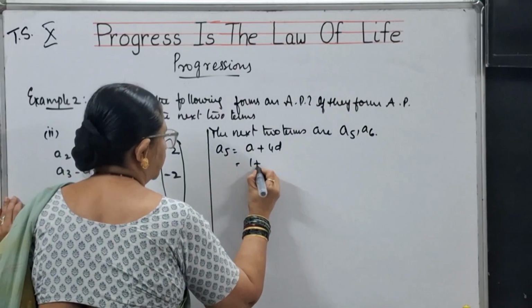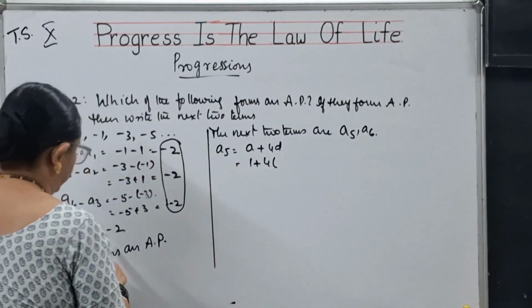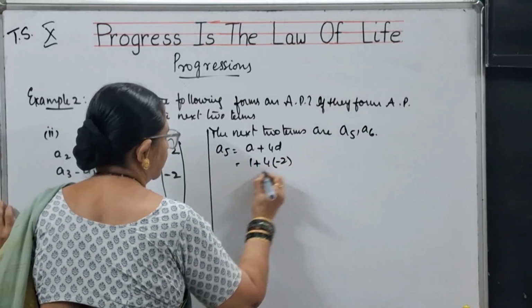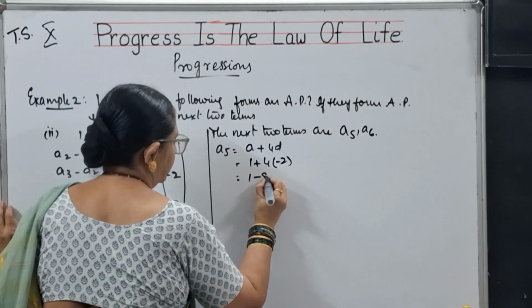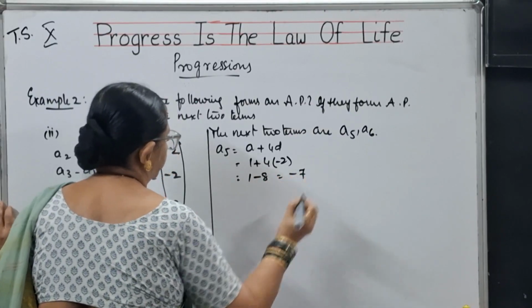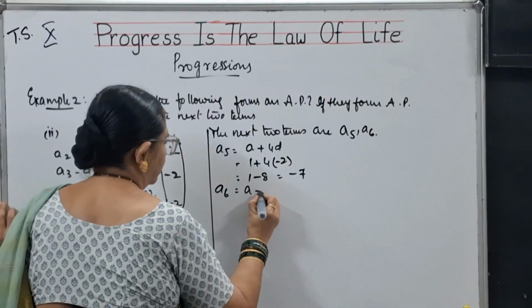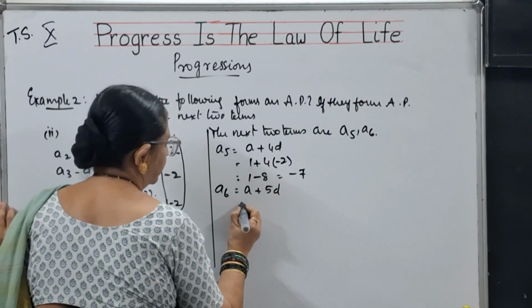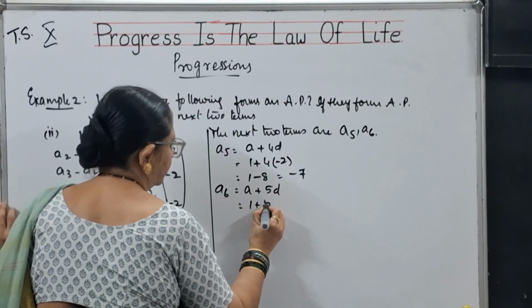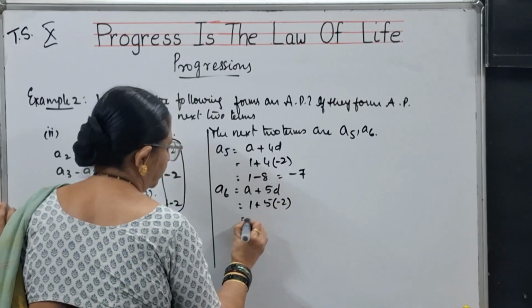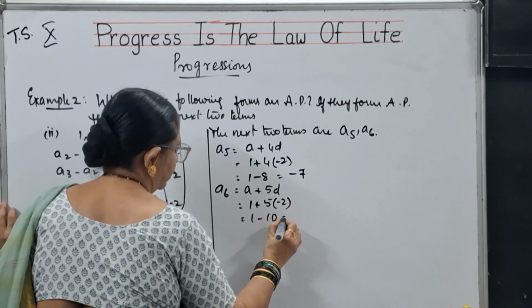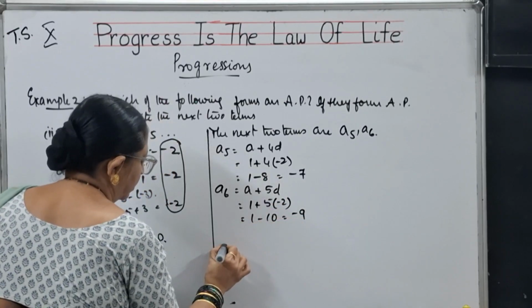A is 1 plus 4 into what is D? D is minus 2. 1 minus 8, that is minus 7. Now A6 is A plus 5D. A is 1 plus 5 into minus 2. 1 minus 10, that is minus 9.